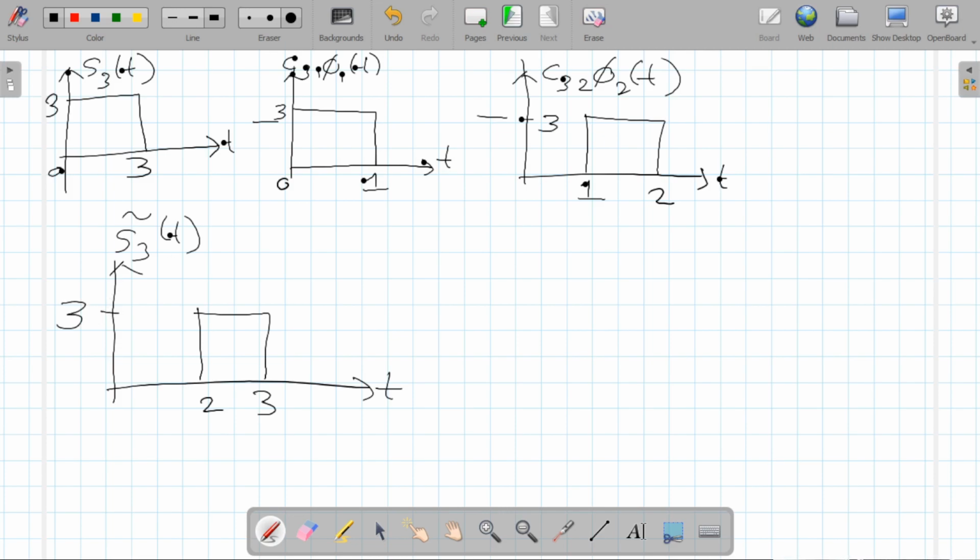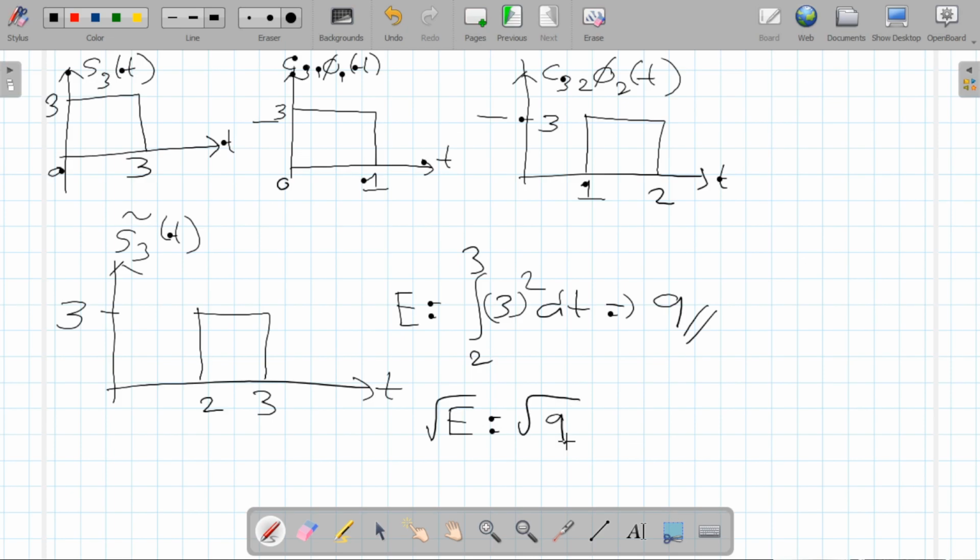Now we need to get the energy of the signal. We know that the energy of a signal is the integral from 2 to 3 of 3 squared dt. The energy we get is 9. If we take the root of the energy, it is root 9, so we get the value 3.